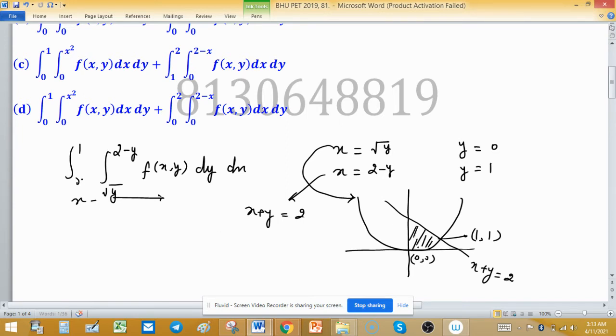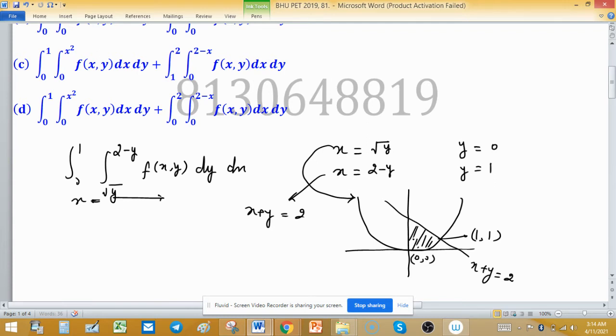So we need to change the order, because this integration is first taken with respect to x.